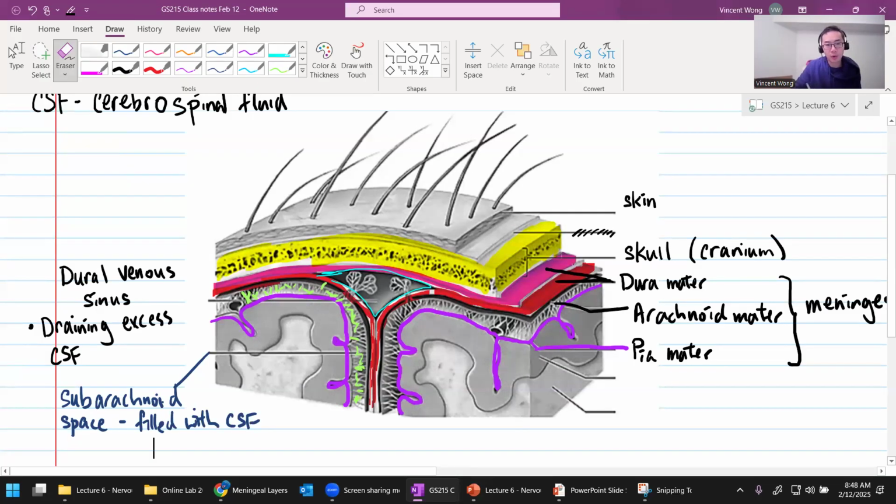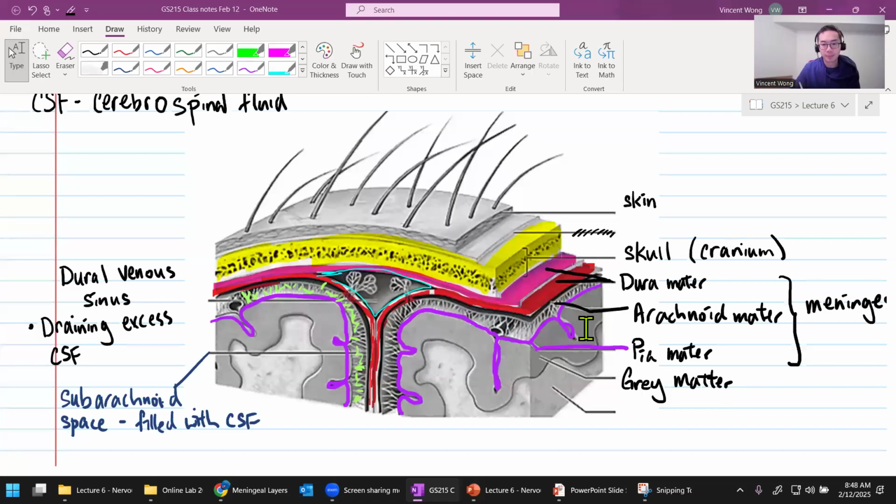So that's why the whole brain is floating in the cerebrospinal fluid, and the excess would again be drained at the dural venous sinus. This arrow is pointing at the darker material, so that is the gray matter. I know some people spell gray with an A, which is totally fine. And then over here, that's the white matter.